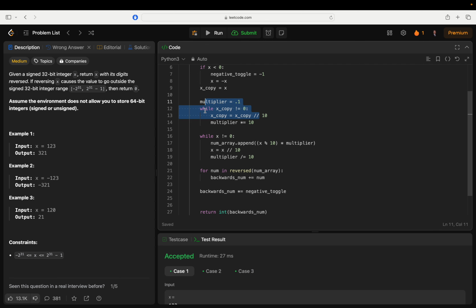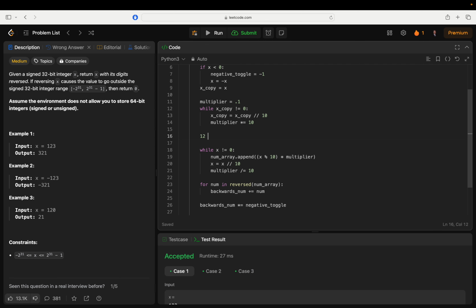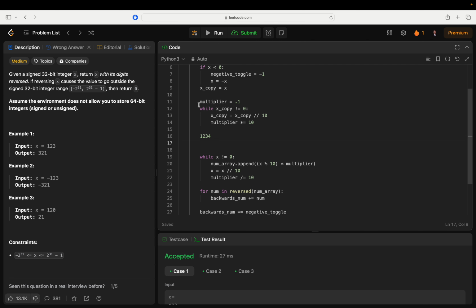This doesn't save anything other than the multiplier. So that when we iterate back through this, we have a number array and we append each digit. We take the modulo 10, so that'll be the first digit in the number, and then we multiply that by the multiplier. It's hard to describe, but if we have 1, 2, 3, 4, this right here just iterates through and divides it by 10.